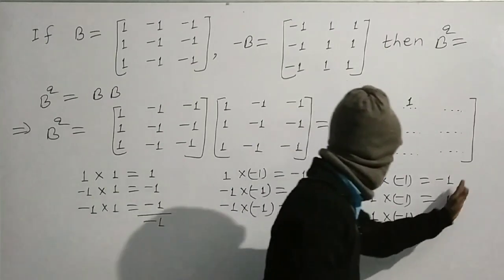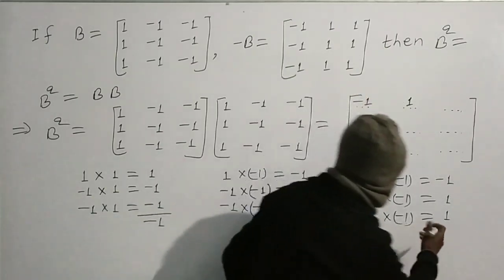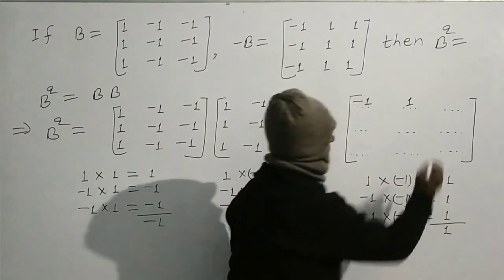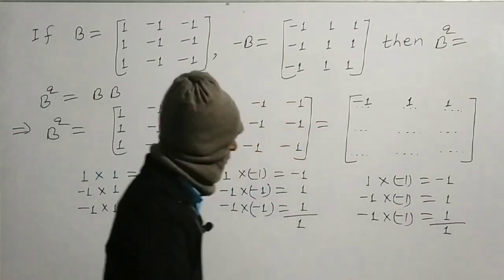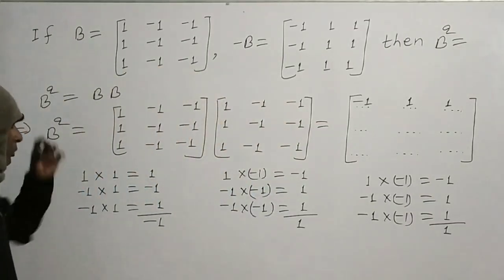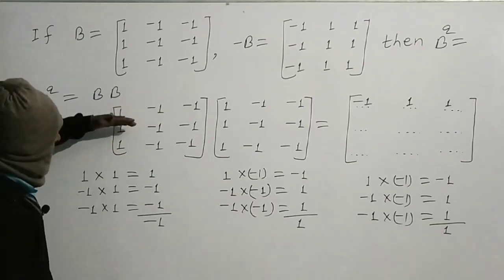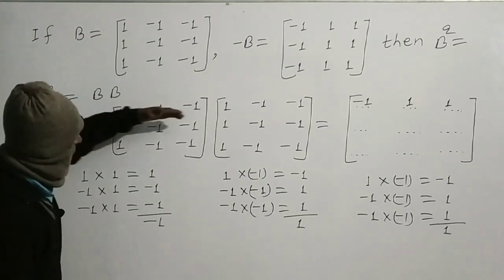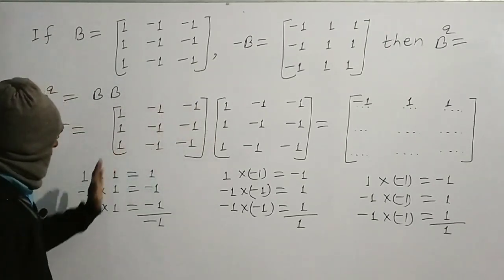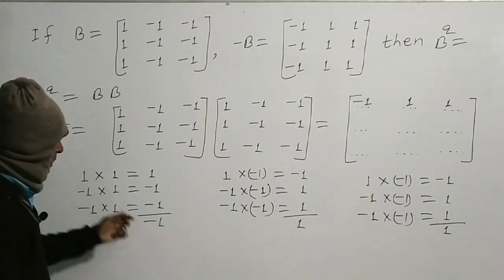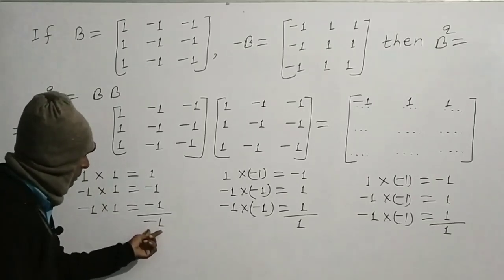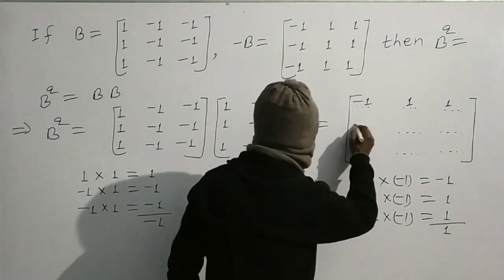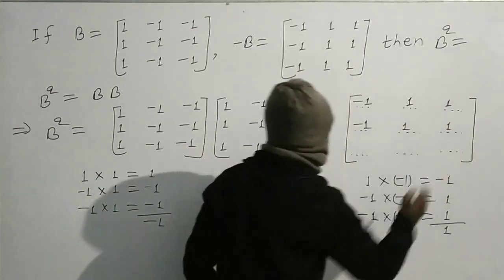Add all these three products to get the sum 1 and write here. Now we multiply elements of the second row. We see that the elements of the first row and second row are same. Therefore, we will get the same result, minus 1, 1, 1, and we write it here.